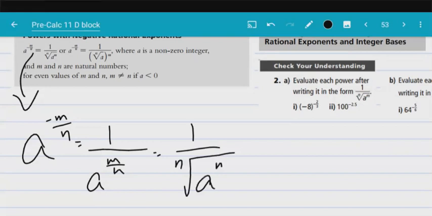And this one you can just derive on your own. So evaluate after writing it in this form. Write this first as a radical and then evaluate.